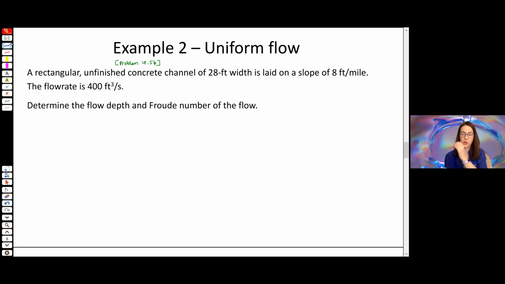We talked about the Froude number last time. It's something we can calculate given the velocity for our channel flow, the constant of gravity, and the depth of our channel flow.